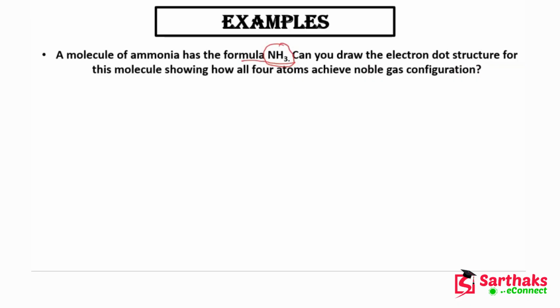Now guys, we have become experts at drawing the electron dot structure because we have seen many examples of this. So we can definitely draw this structure. First of all, we need to know the atomic number of nitrogen.